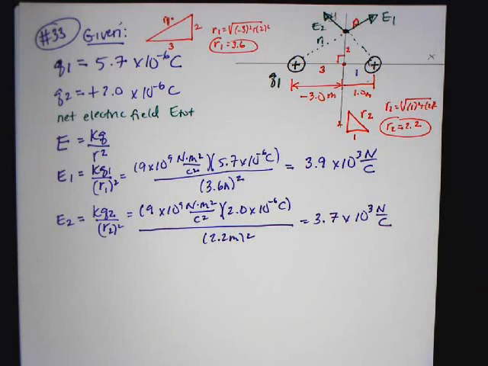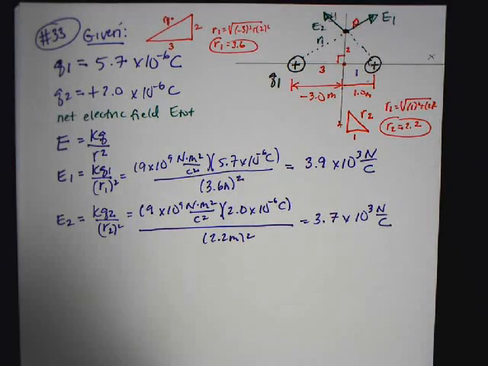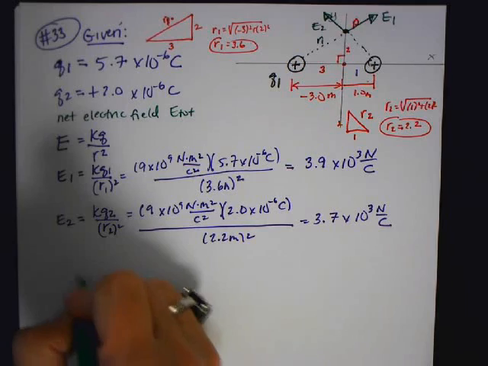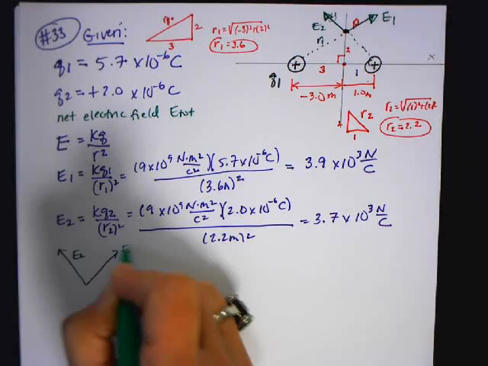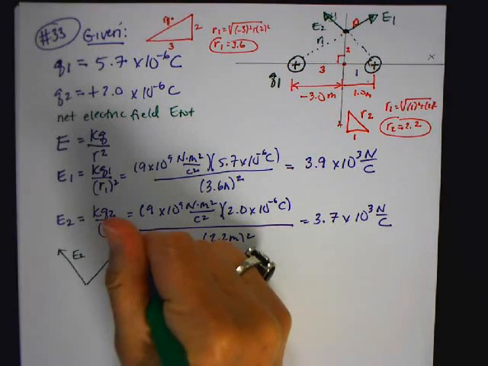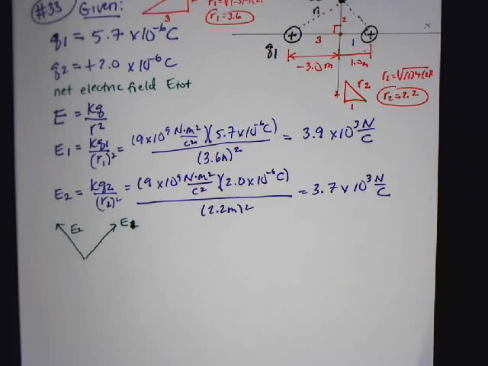But remember, I want to find the net electric field. So when I look at the picture I have up here, this is E2 and this is E1. Whoops. So what I really want to do is find the components of each one.